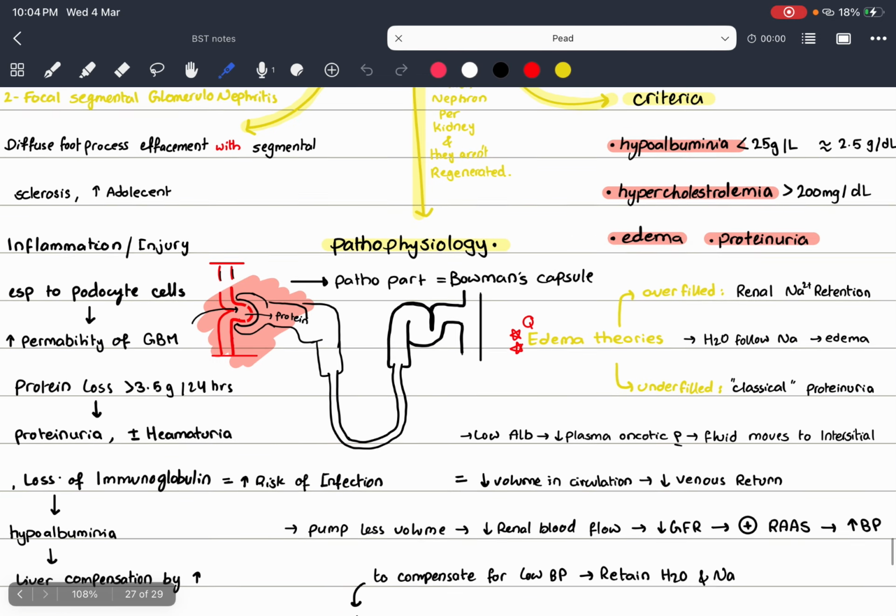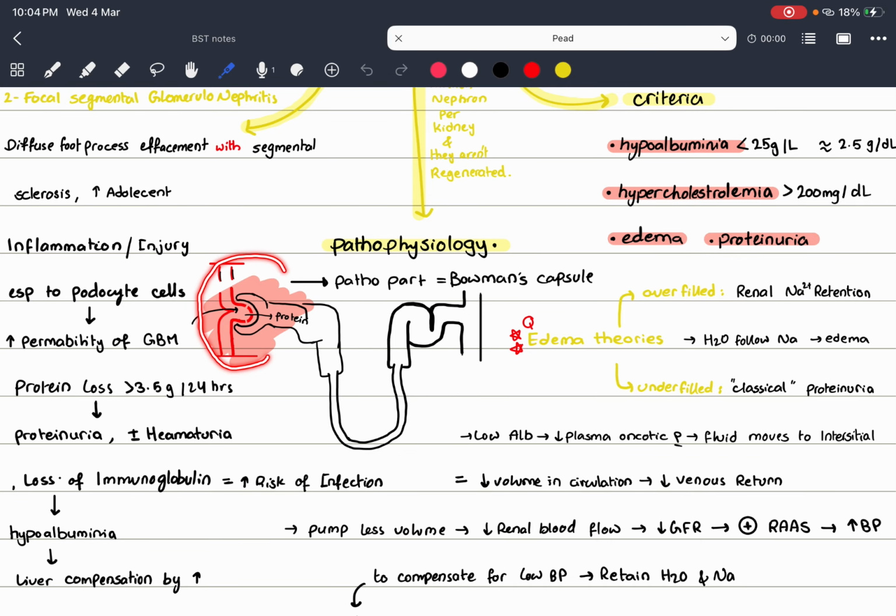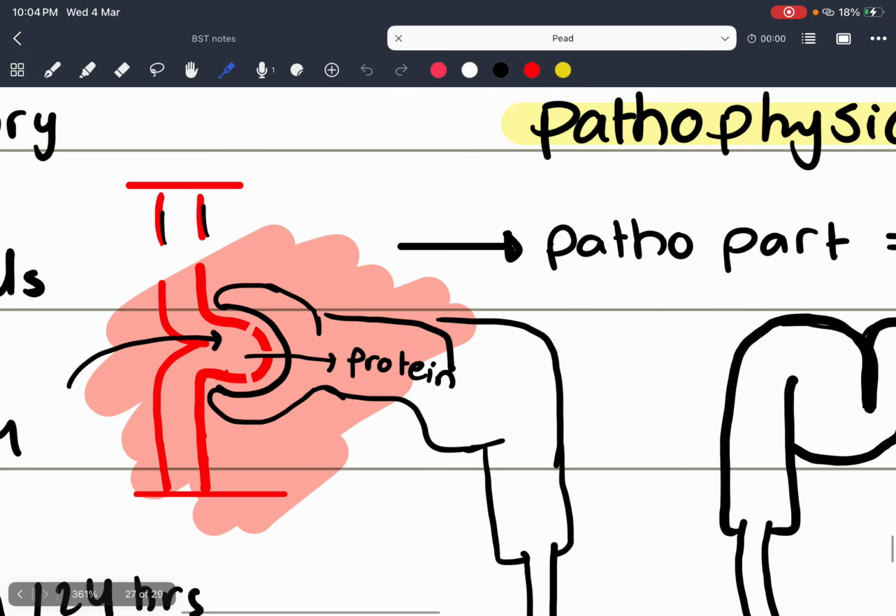So first, the pathophysiology is simply when we have damage to Bowman's capsule, this area we call Bowman's capsule, right? Revise your physiology. If there's any damage because of autoimmune disease, inflammation, or any injury, the lining of this area is the podocyte, and the podocyte has foot processes that don't allow protein to come through.